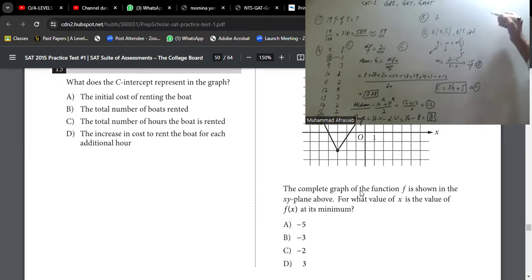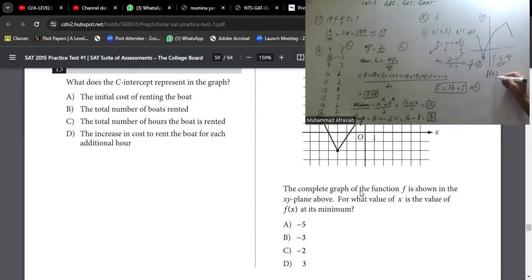So we are going to start this question number 17, and the graph is shown like this. The minimum point is this point. If we read it from this graph, it is (-3, -2).